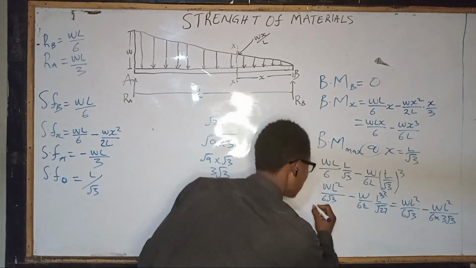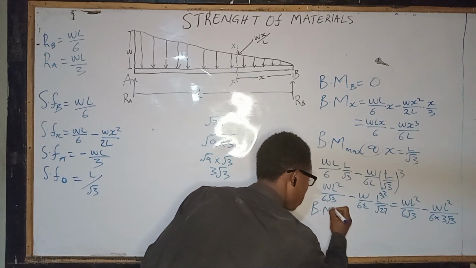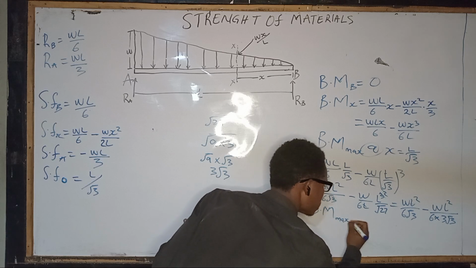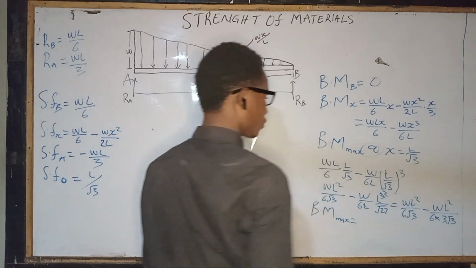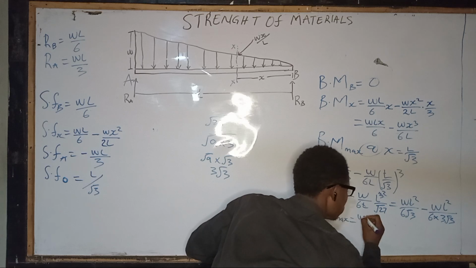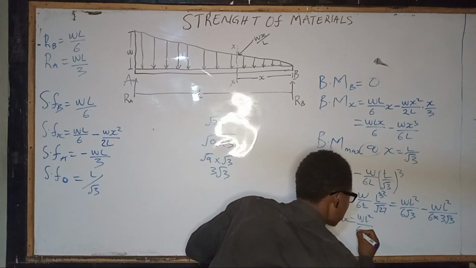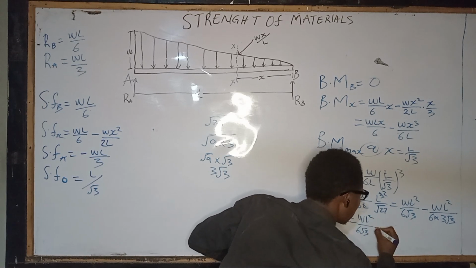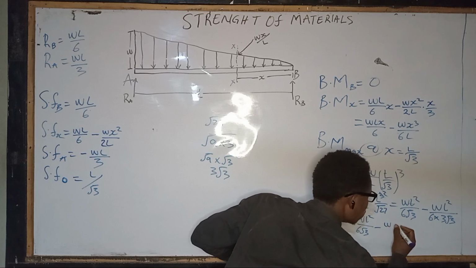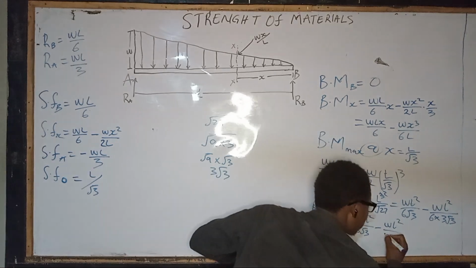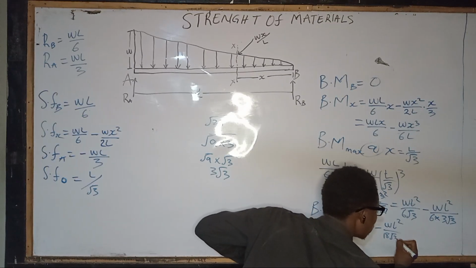So we will get our max bending moment as wn square over 6 root 3 minus wn square over 6 times 3, we have 18 root 3.